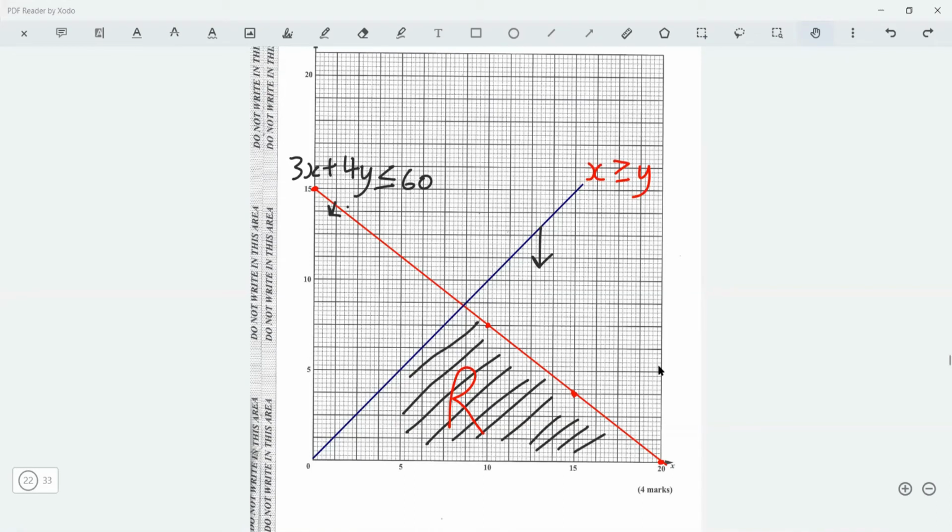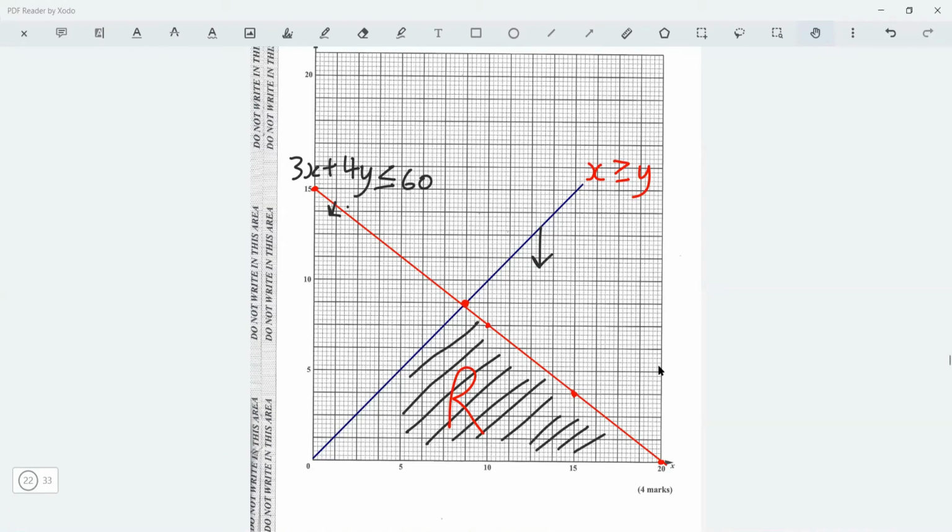I know my graph is not 100% accurate. It should have passed through this point right here. So since it's not 100%, this should have been the intersection point. This is when the x value is, go down, go down, go down. 5, 6, 7. Is this 8? No. 1, 2, 3, 4.